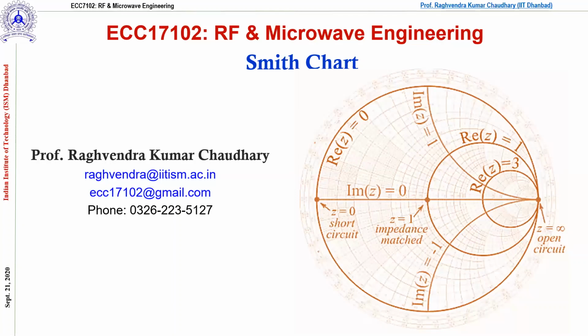Okay, thank you. So let us start with a new topic today, and we'll see the Smith chart. Whatever the two-wire transmission line, and in the last class we have also seen the planar transmission line, some formulas I told you. By that you can design some of the planar structure as well.